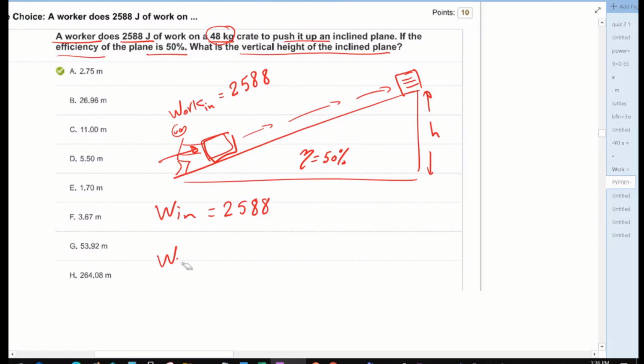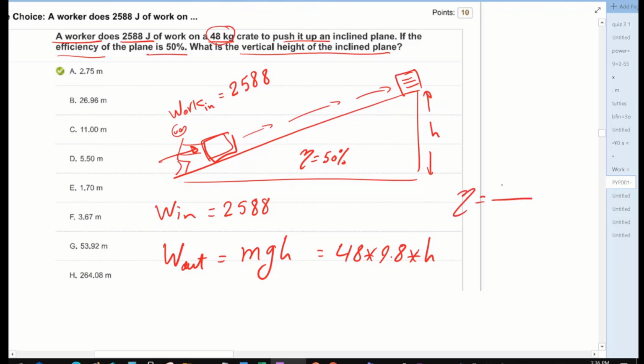The output work is what? What's the output work? mgh. The mass is 48 kilogram times 9.8 times h. I don't know h, but I know the efficiency. Efficiency is 50%. So I will say efficiency equals output work over input work times 100.